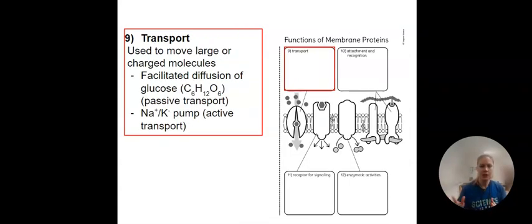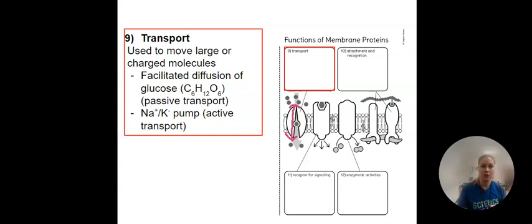So then the last part of the foldable is talking about functions of the different proteins that we have talked about. Starting with number 9, one of the functions of membrane proteins is for transport. Remember we said that transport proteins are going to completely cross the cell membrane in order to allow molecules to either enter the cell or leave the cell.